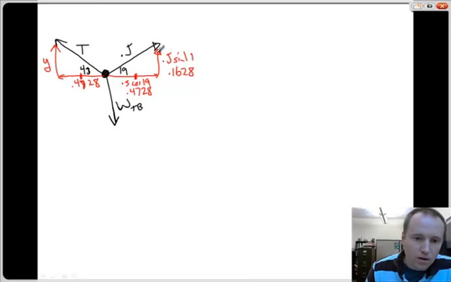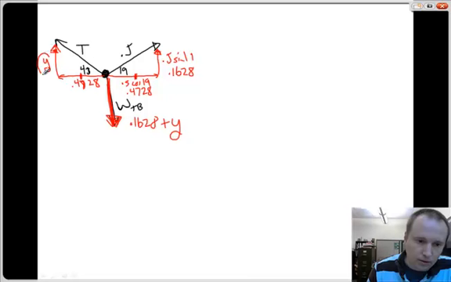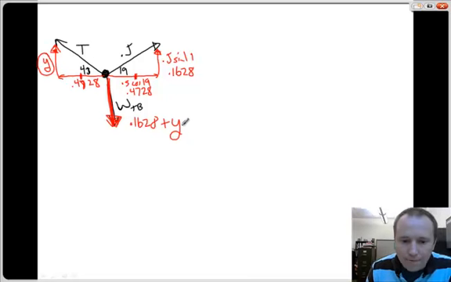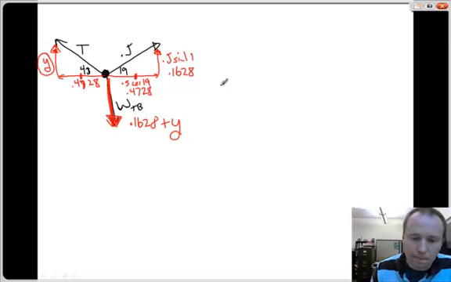Vertically though, I have two forces going up, which cancels my single force down. So I know that my weight force is going to be 0.1628 plus this y over here. So when I solve for this y, I'm going to add that on to 0.1628. So my next step is find y.